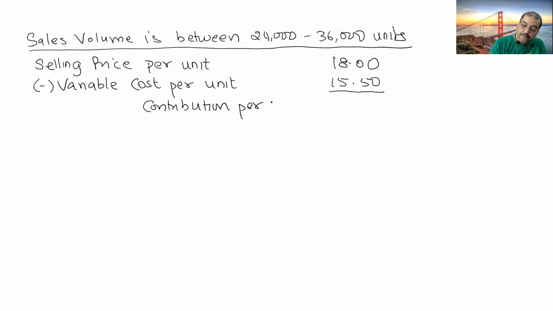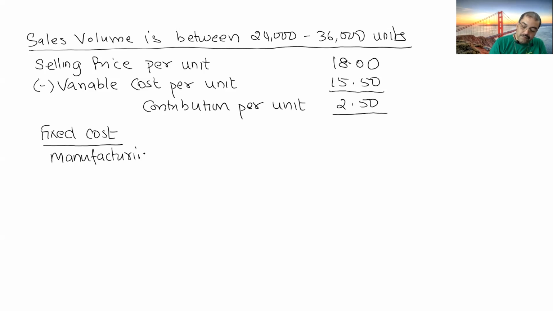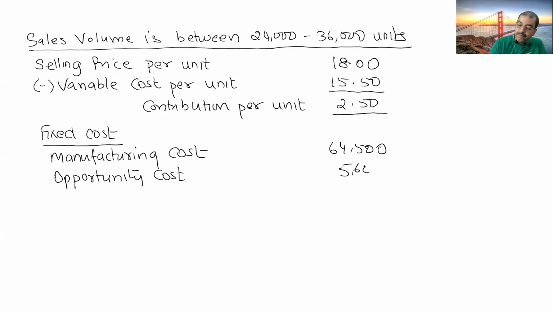So contribution per unit is 2.5. Fixed cost: manufacturing cost is 64,500, and opportunity cost same, 5,600. Total is 70,100.